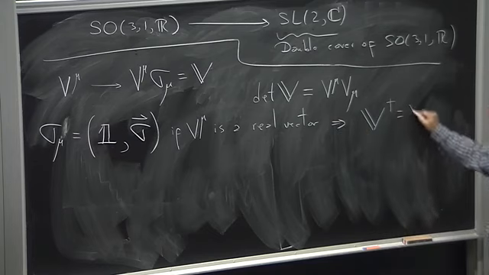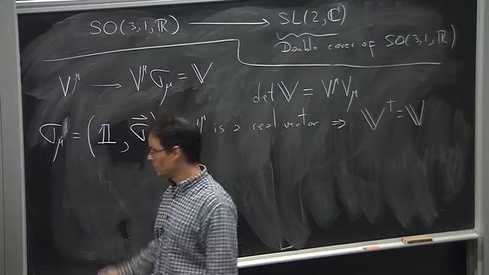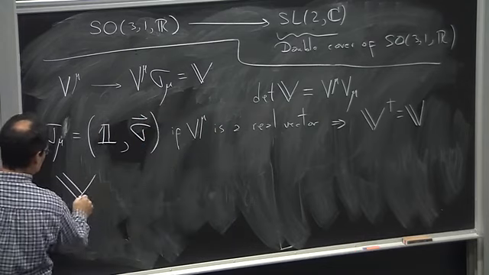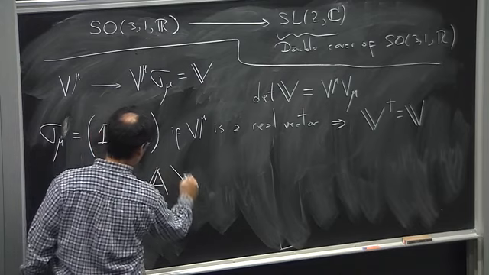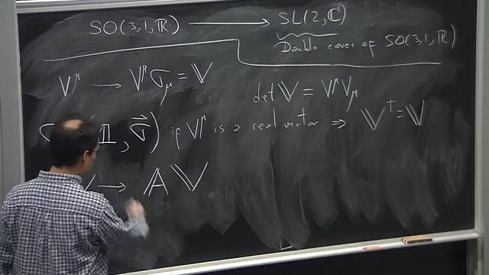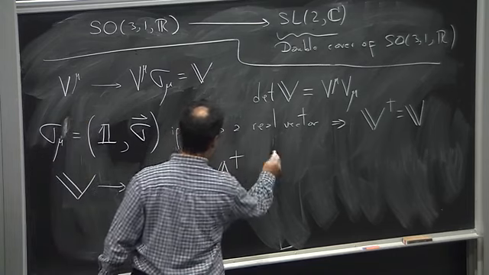Yes, it's Hermitian. So if we want any transformations applied to our matrix, we want a transformation that preserves the property that the new object is Hermitian. So we're going to have something like this.